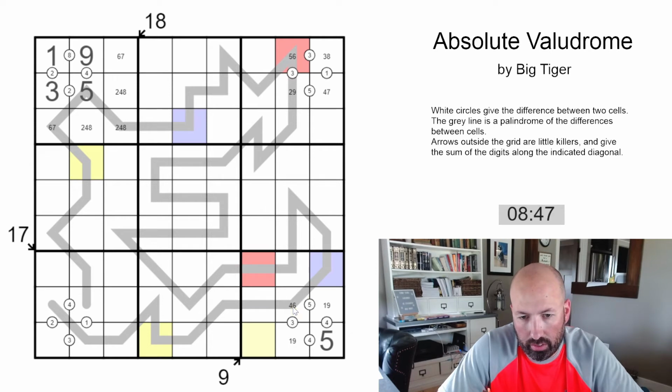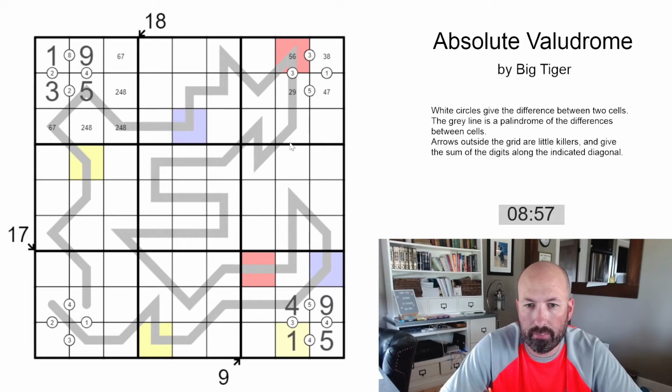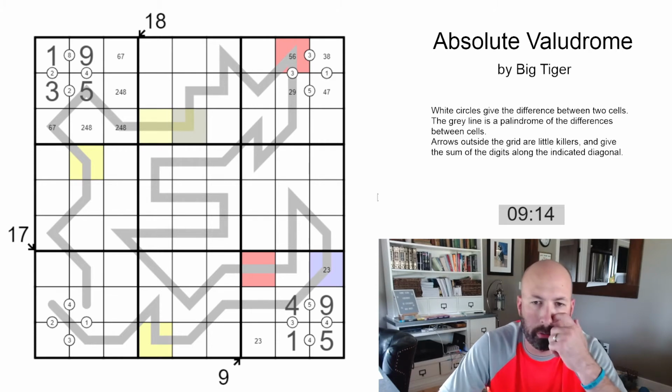So the 9 little killer, if this is a 6, we would have to put 1 and 2 in these other 2 cells, but we've already used 1, so this actually has to be a 4, which is going to give us 9 and 1 right there. And now we have 4, so these have to be 2 and 3 because they have to equal 5 and they can't be 1 and 4. So coming into the blue, we're either a difference of 1 or 2. So these are a difference of 1 or 2, but we don't know any of those yet.